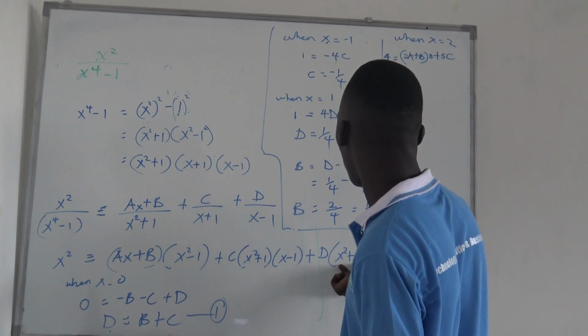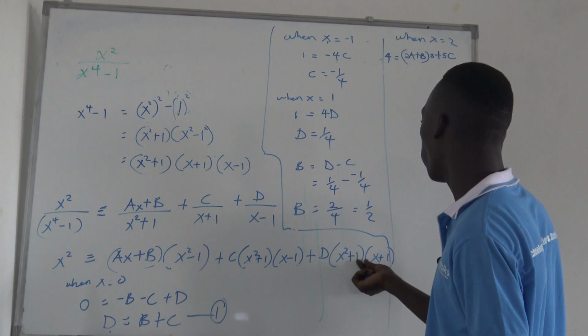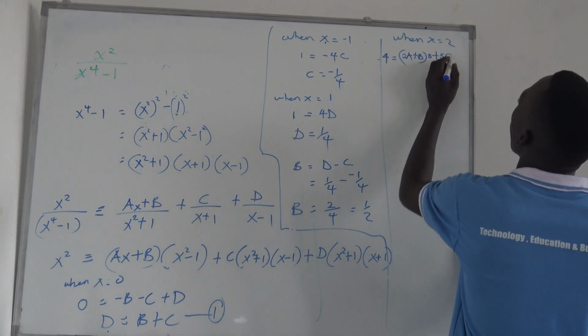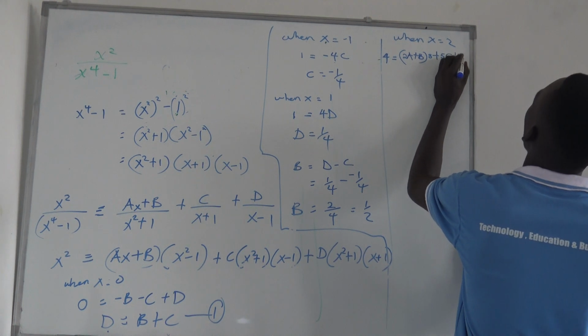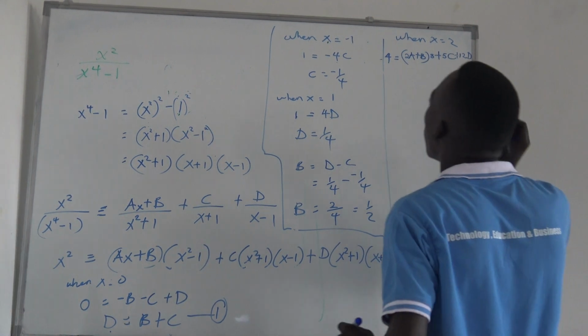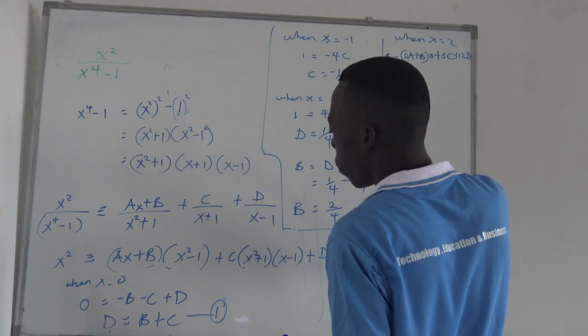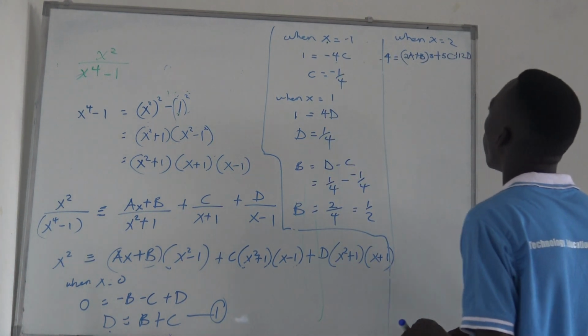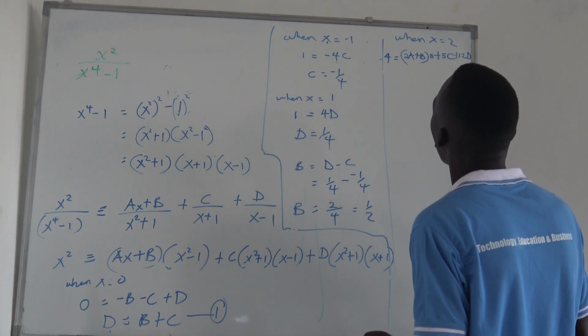Also this one, that is 4, so here comes the 3, 4 times 3, which is 12, plus 12d. So having finished putting everything, we can substitute in now the values of b and c.